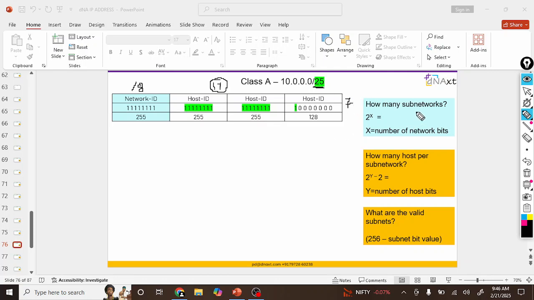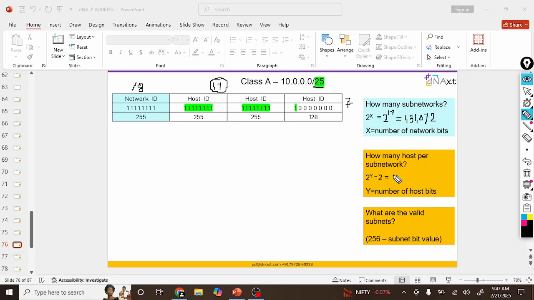So how many subnetworks will we get? We will get 2 to the power 17 subnetworks, that comes out as 1,31,072. So by borrowing 17 bits, we are breaking up our major network into 1,31,072 subnetworks.